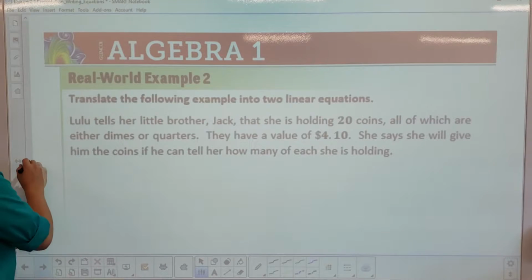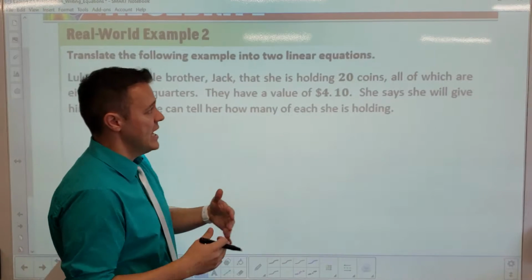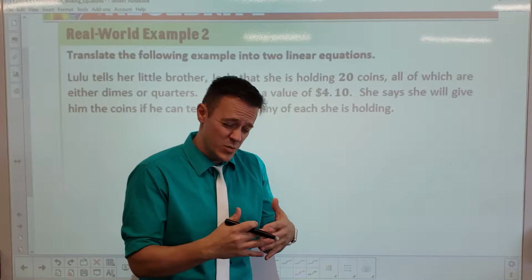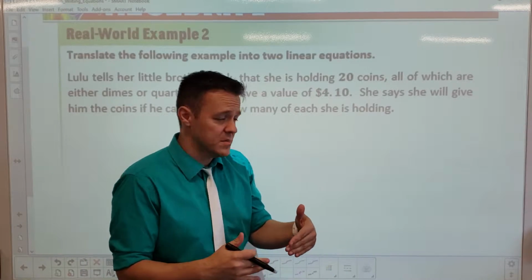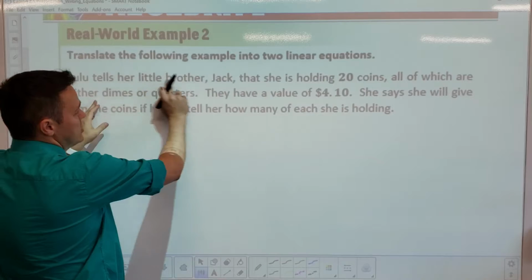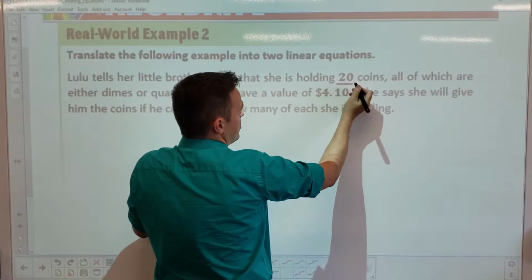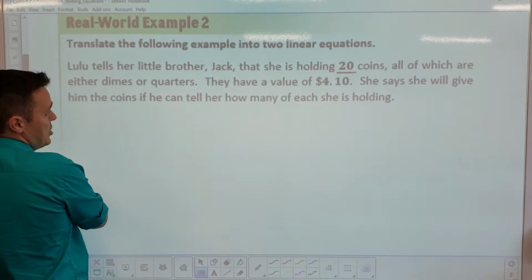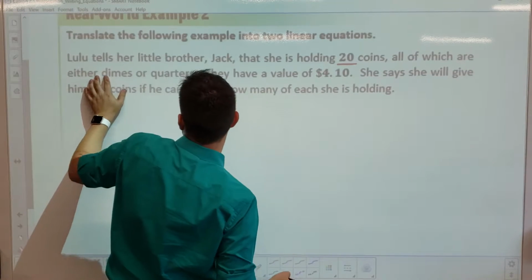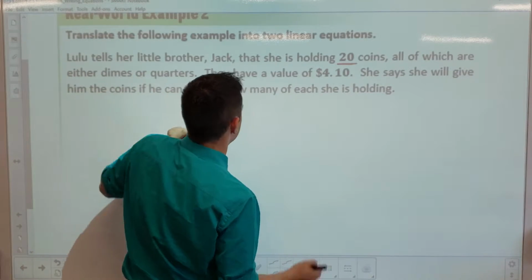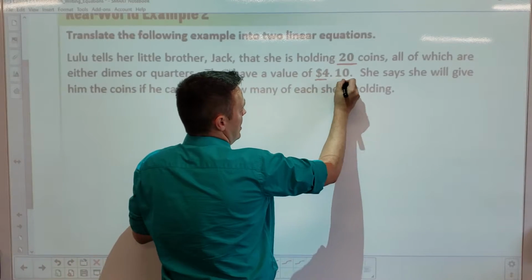Okay, so one big thing, as we talked about in class today, is that the reason we're doing this is to talk about word problems in general. So Lulu tells her little brother Jack she's holding 20 coins. I always try to tell you guys to underline money or number values. All of these are either dimes or quarters. They have a value of this.